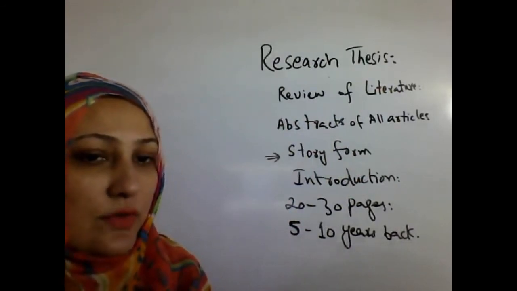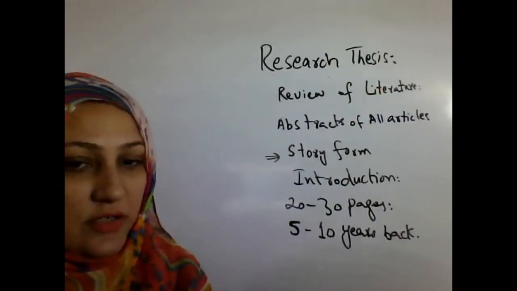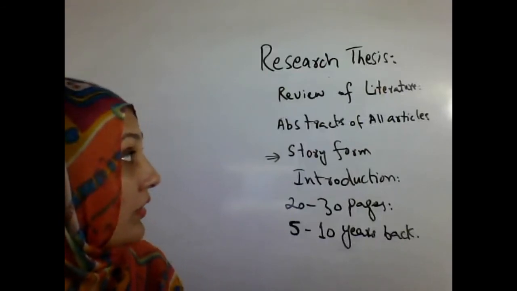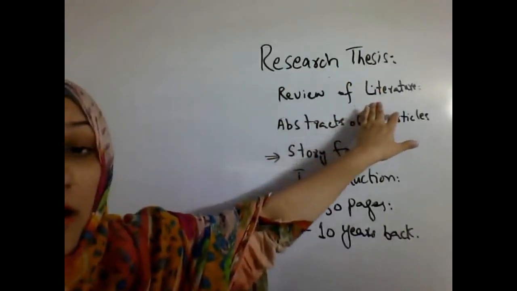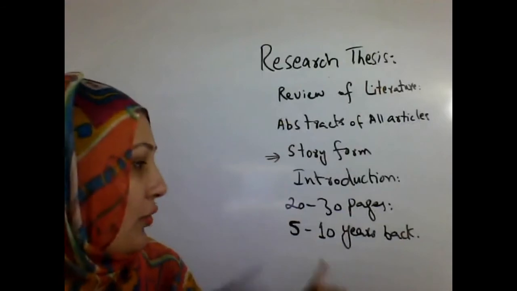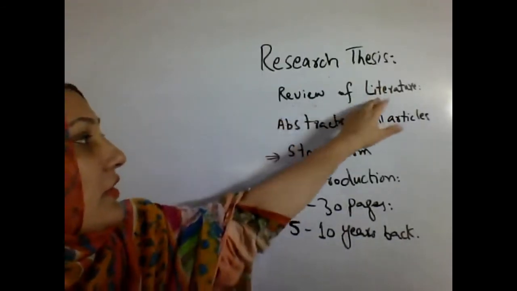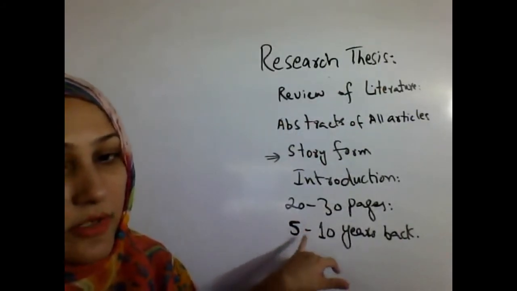If you choose older literature, you will not have the idea about what new things are elaborated in newer literature. So you should always choose the review of literature only from 5 to 10 years back.